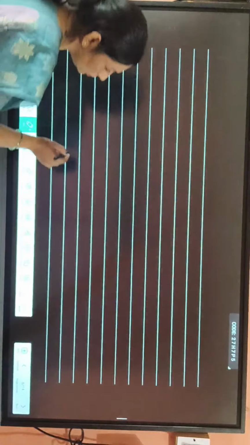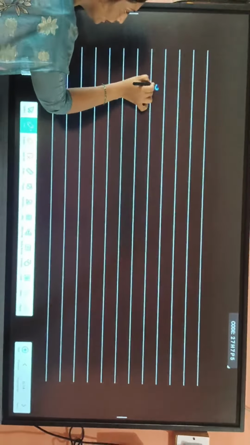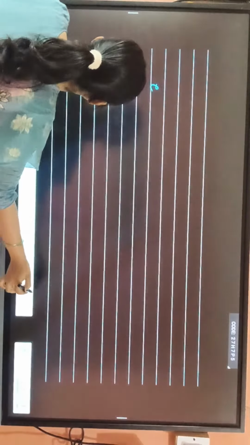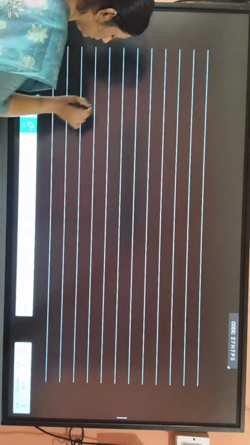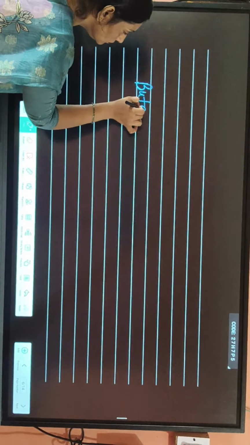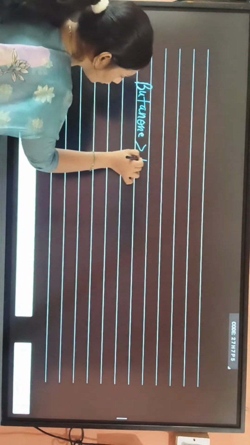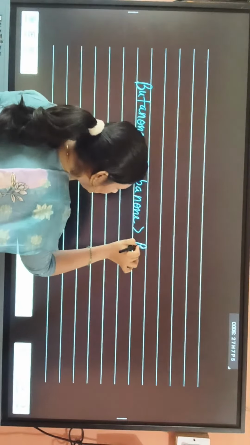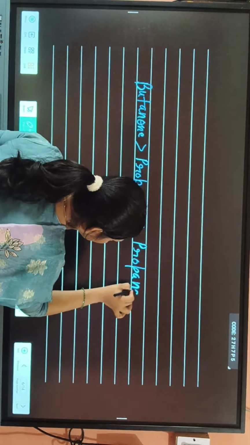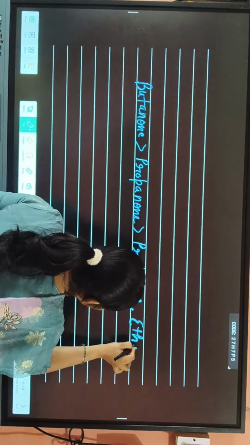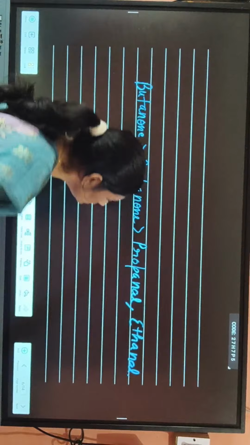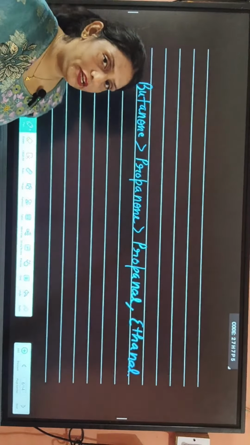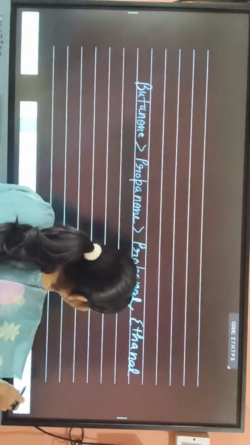If you write increasing order, you will write butanone, propanone, propanal, and at last ethanal. So students, if hindrance increases, size increases, number of bulky groups increases, then reactivity towards nucleophilic addition reaction will decrease. I hope this question is also clear to you.